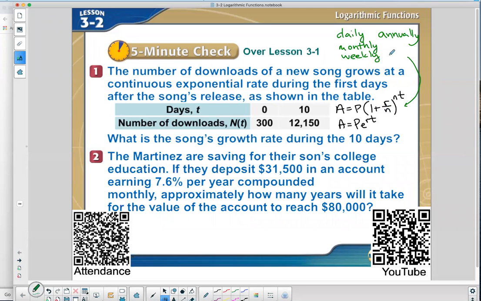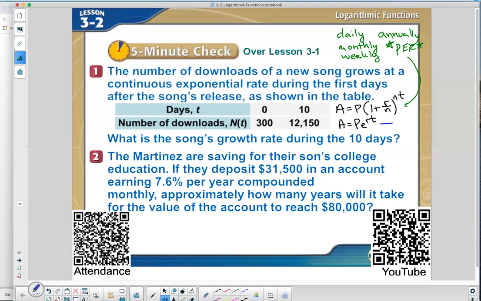The way I also sometimes say it is a key word is if you see the word per, because typically it'll say something per year or whatever. Per is a key word for the top formula. Now, in the word problem, did you see any of these words I just mentioned? Daily, monthly, weekly, annually? You see that anywhere in the problem? No. Okay, so it's probably not that formula.